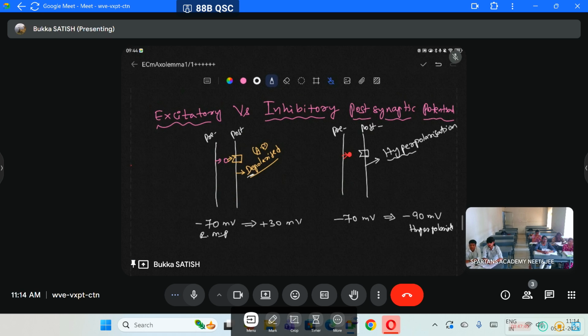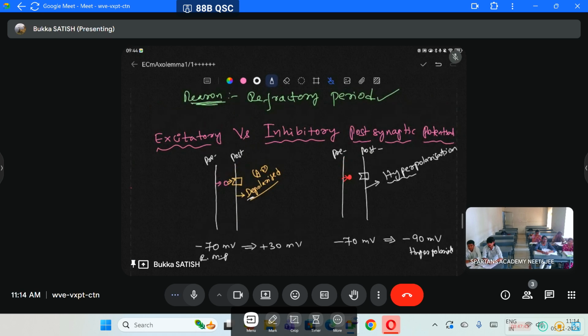So you can clearly see that the first one is excitatory. Means what? It is actually stimulating the next membrane. But here it is inhibitory, right? A depolarized condition is an excited or activated condition.